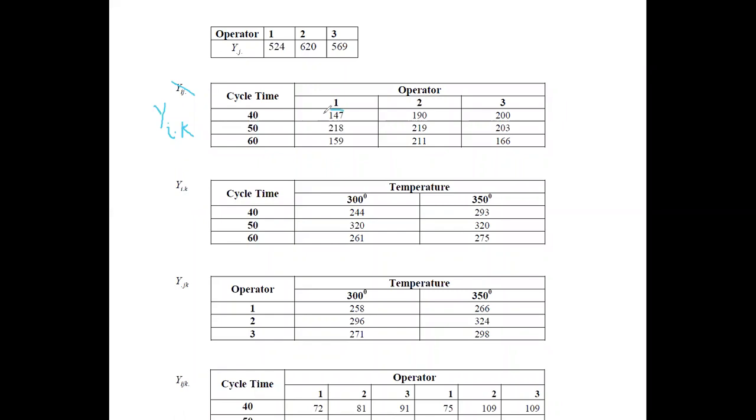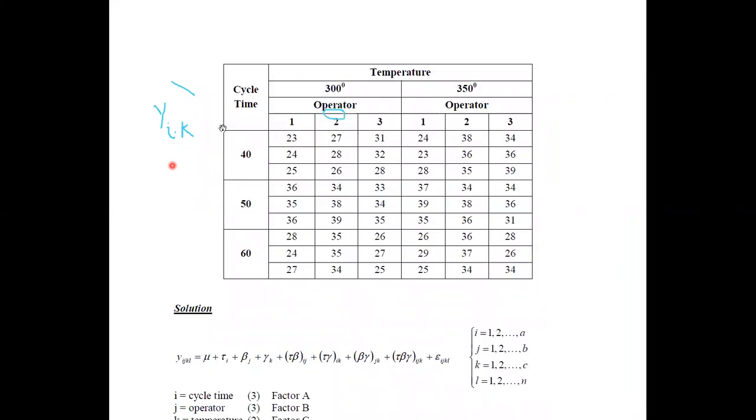First of all, we will see how we can obtain this 147. 147 has been obtained for cycle time 40 and operator 1. Therefore, if you need to take this value, you have to take the total for cycle time 40 and operator 1.